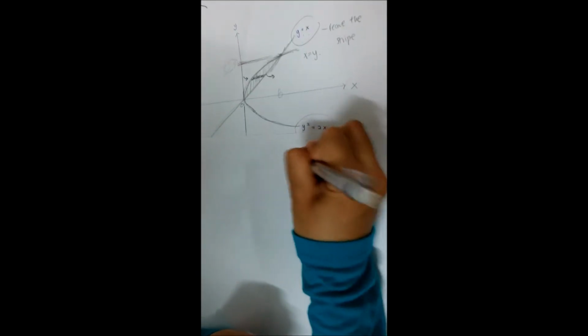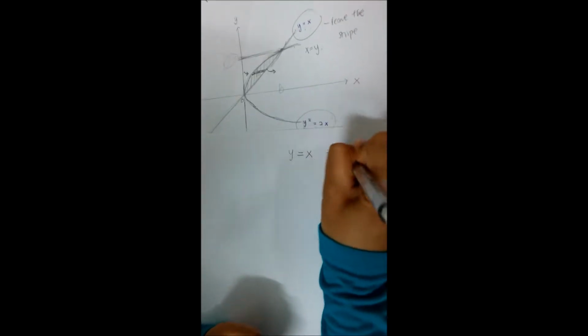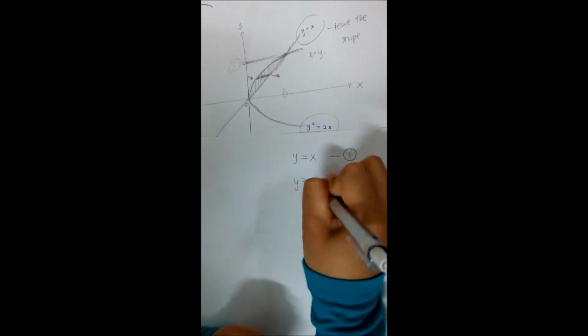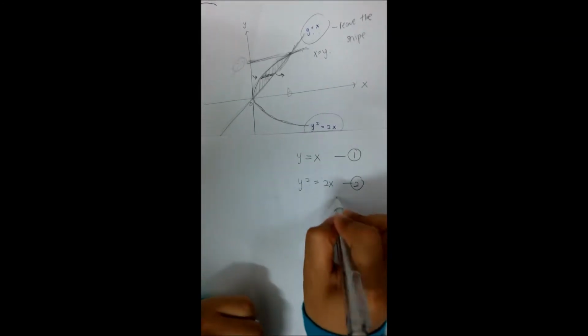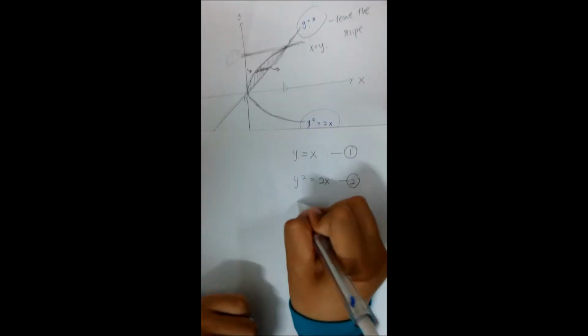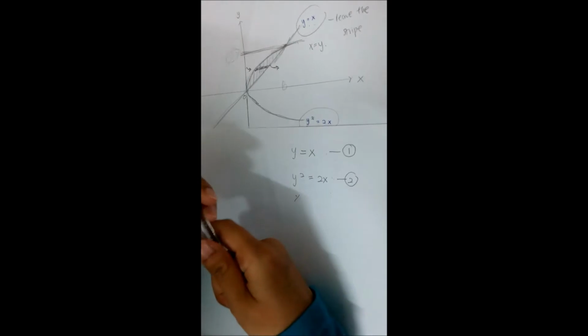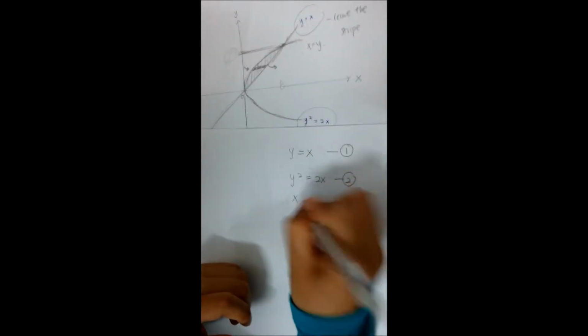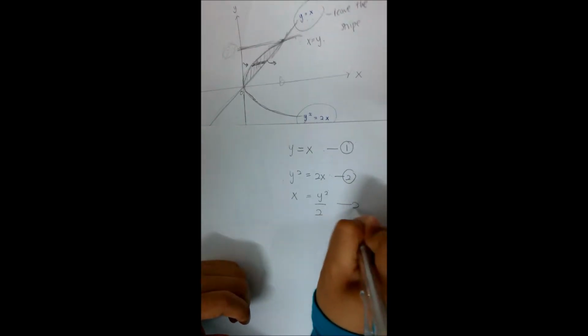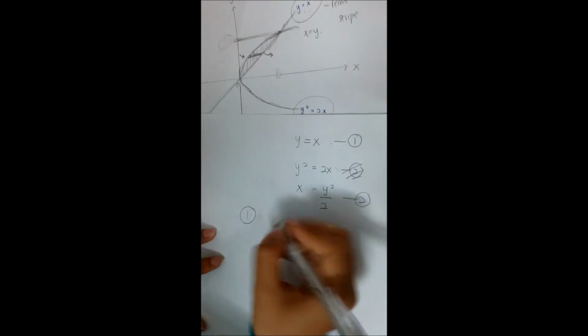First of all, y equals to x must be the first equation, while the second equation will be y squared equals to 2x. Okay, we have to eliminate the x, so the x will be like this. So this will be the new equation.